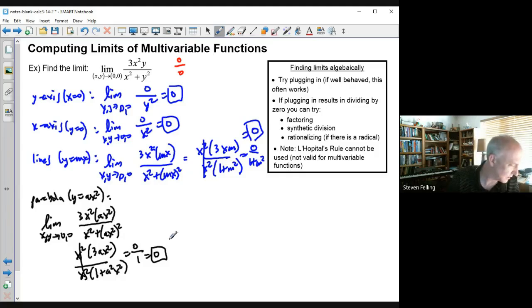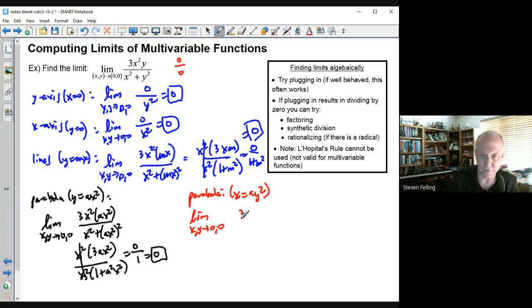What if I did a parabola in the other direction? So let's do another, I'll pick a different color. Let's do a parabola that's in the other direction of the plane. x equals ay squared. Okay, so the limit as (x,y) approaches (0,0) of, let's see, we had 3, and then we would put a y squared in for that x, and then y. And then this would be over, this x is (ay squared) squared plus y squared.